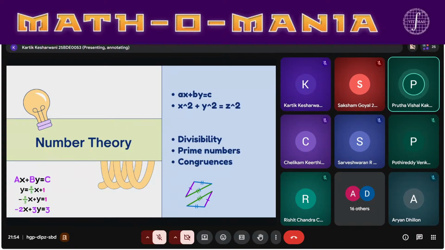This shift from discrete to analytical thinking transformed number theory in the 19th and 20th centuries, enabling breakthroughs such as the proof of the prime number theorem and deeper insights into the distribution of primes and arithmetic functions.